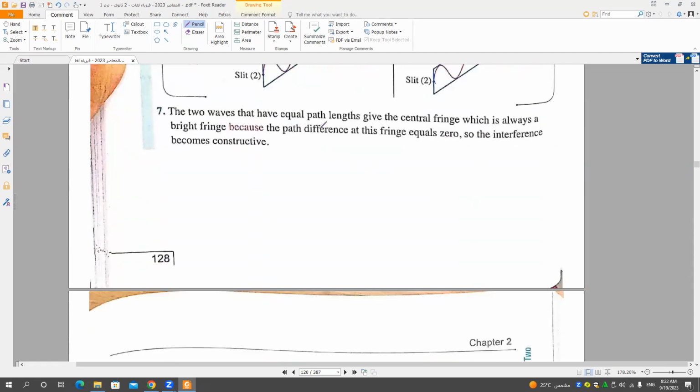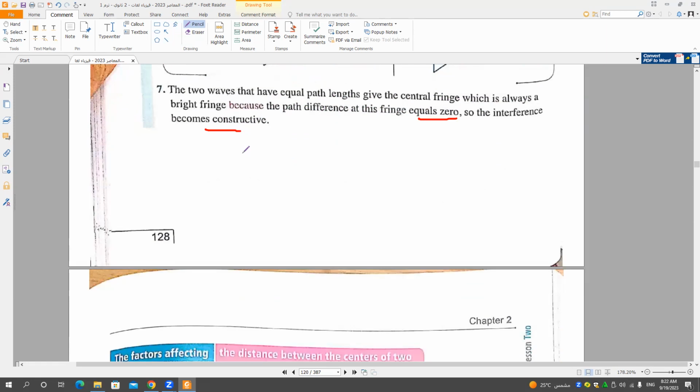The waves that have equal path length give the central fringe, which is always a bright fringe, because the path difference is equal to 0. So the interference will be constructive interference.